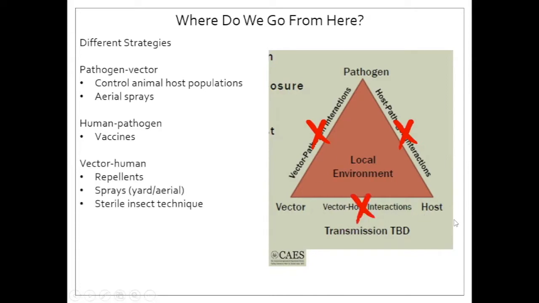Or the last relationship, and this is the relationship that I think is the most important, because this is the one that we have the most control over. This is whether or not the mosquito contacts the human. Even though that mosquito may be infectious, if you're preventing that infected mosquito from contacting a person, you can then prevent disease. And a large portion of that is going to be these repellents.